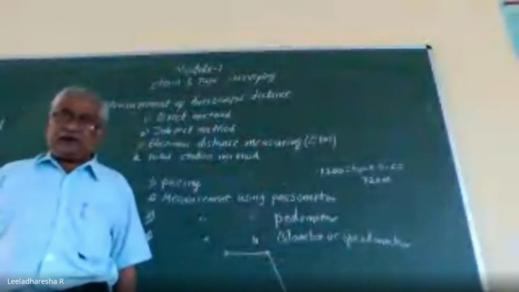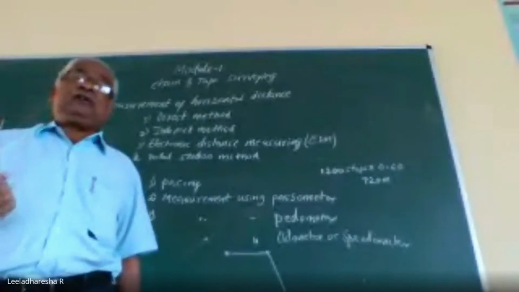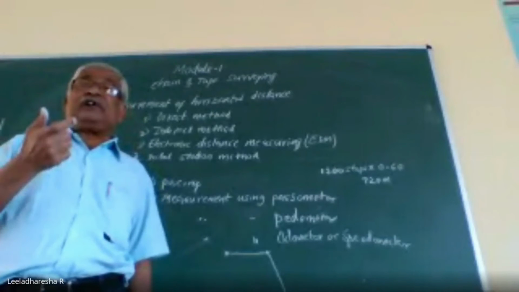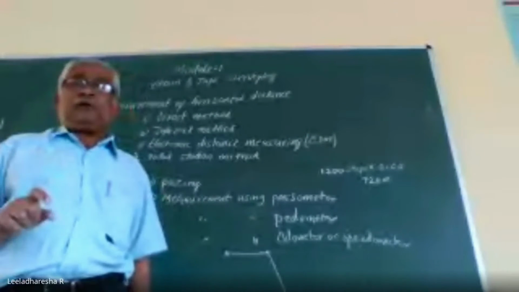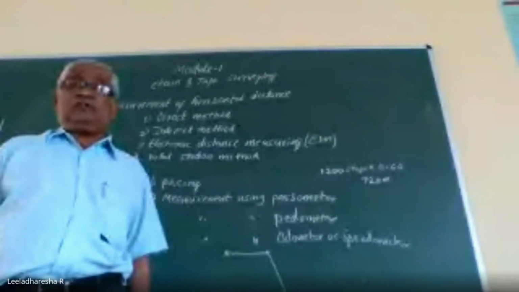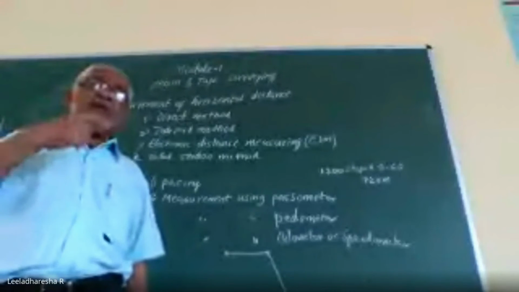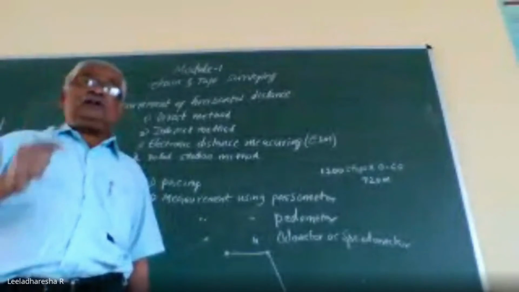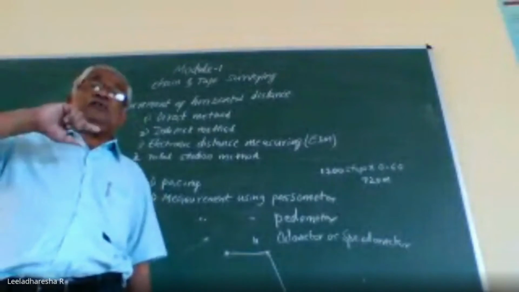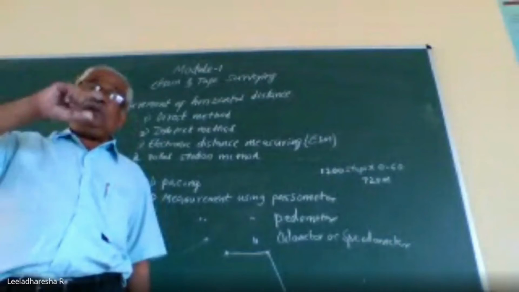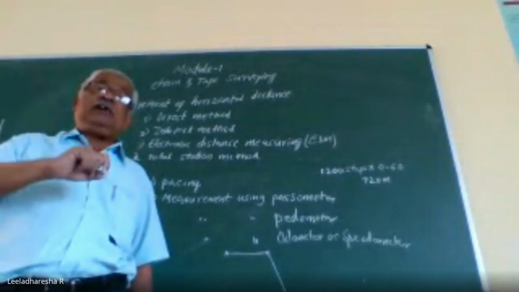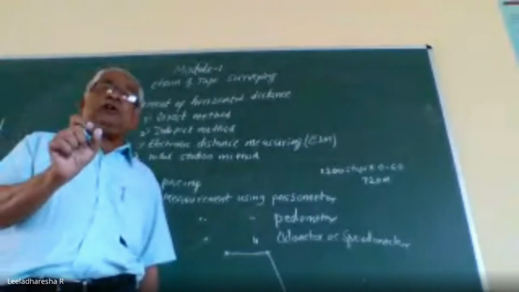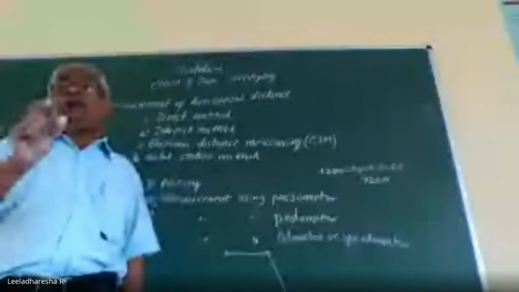Then come the odometer and speedometer. All of you might have seen how the horizontal distance traveled by you is recorded in your bikes, cars, and other vehicles. It directly records how many times the wheel has rotated, and the perimeter of that particular wheel is known to us, so it will directly multiply and give you the distance moved by the vehicle.